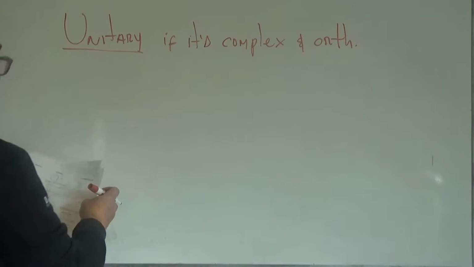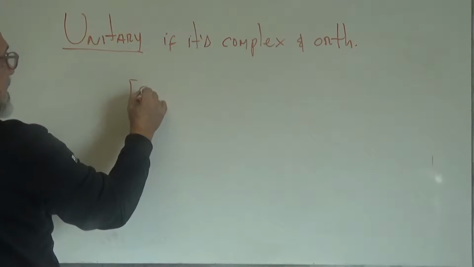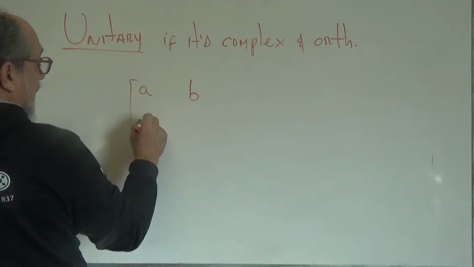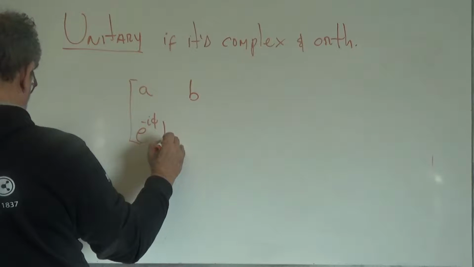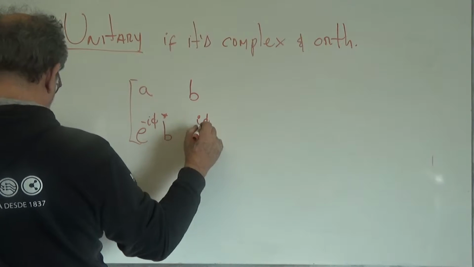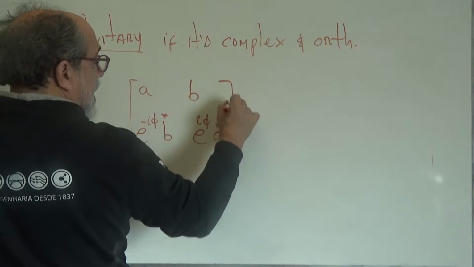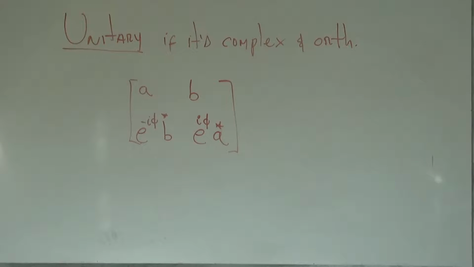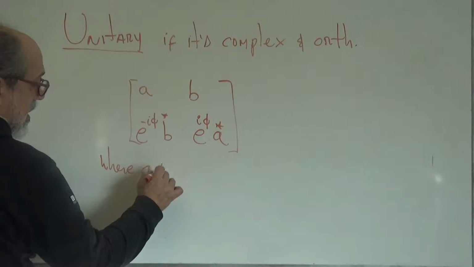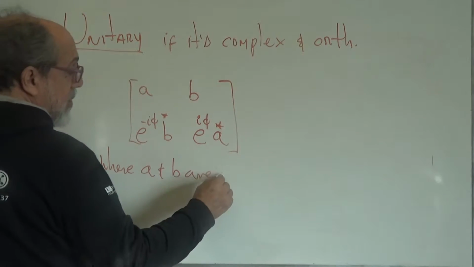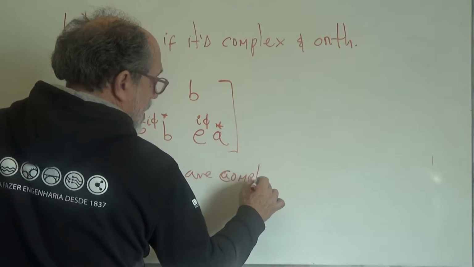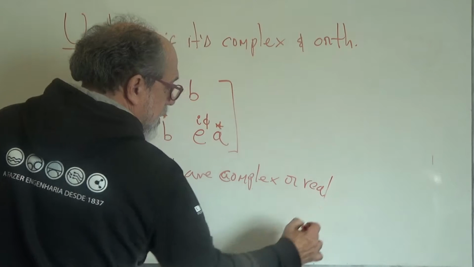For example, the generic matrix A, B, e to the minus i phi times B conjugate, and e to the i phi A conjugate is unitary, where A and B are arbitrary complex numbers, complex or real, it doesn't really matter, right?